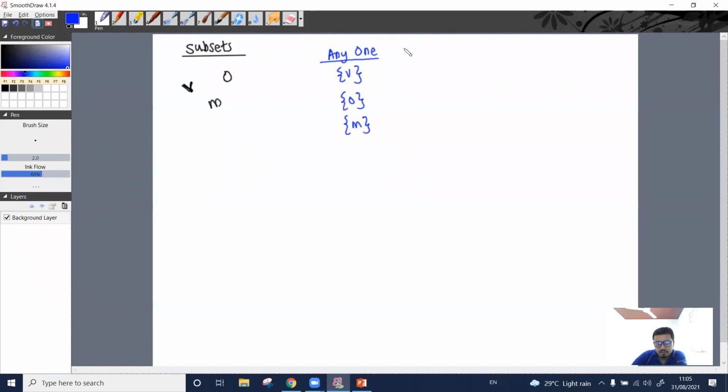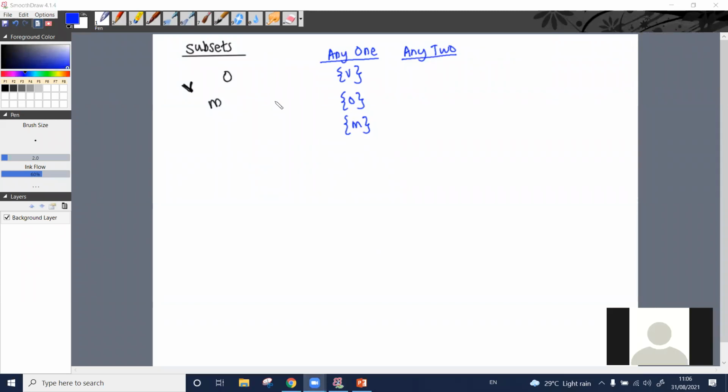And what if I ask you to pick any two of these ice creams? What are your options? What are the options you have? Either you can pick vanilla and orange.